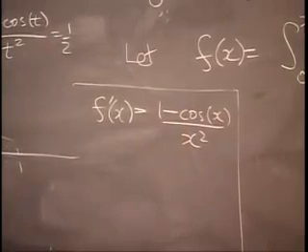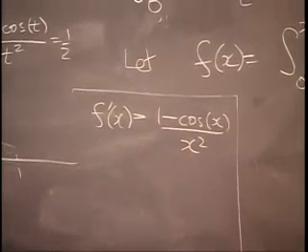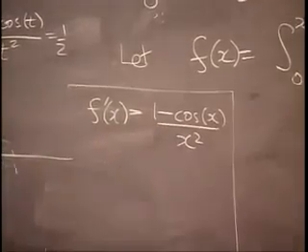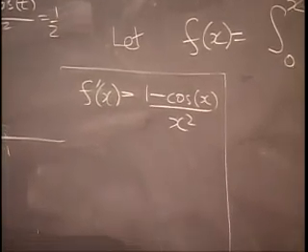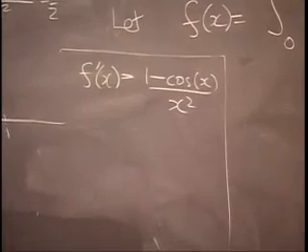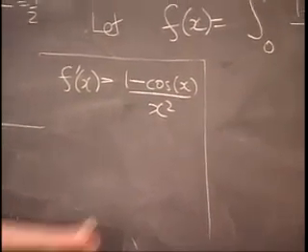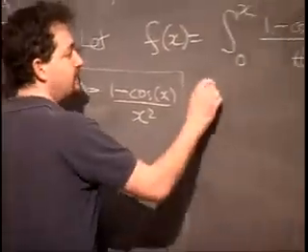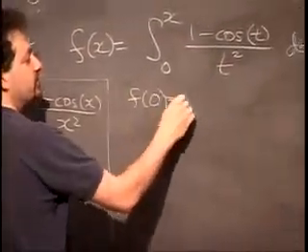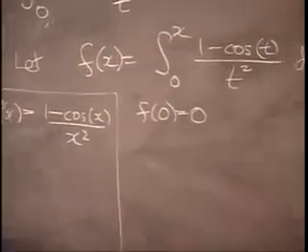Not so bad. So actually, we could take the derivative of f, and we could keep on taking derivatives. It gets a little bit messy, though, using the quotient rule and all that sort of stuff. Anyway, the point is that we have this function f. We need to know what happens at 1, but one thing is nice: f of 0 is 0, because the integral from 0 to 0 of anything is 0.